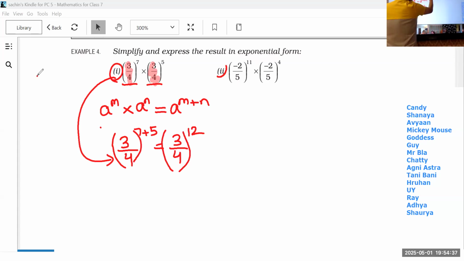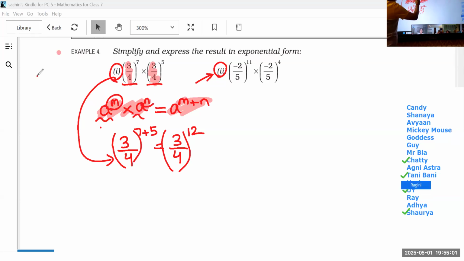So if we have understood, please do the second question. Sir, can you explain once again? बेटा ये रूल मैंने आपको day before yesterday's class में taught किया था. Whenever you are multiplying a to the power m with a to the power n, and your base is same, base इसमें भी है, इसमें भी है, your powers will get added.